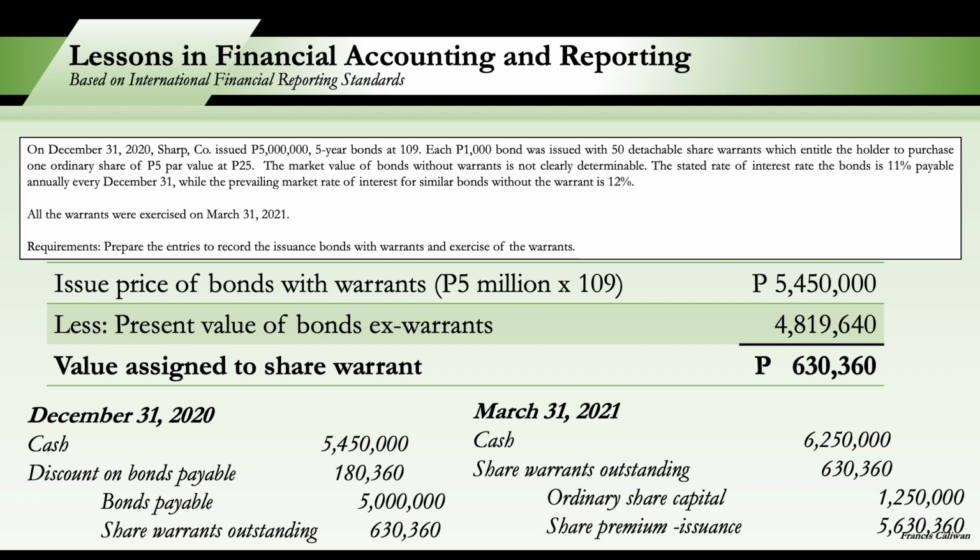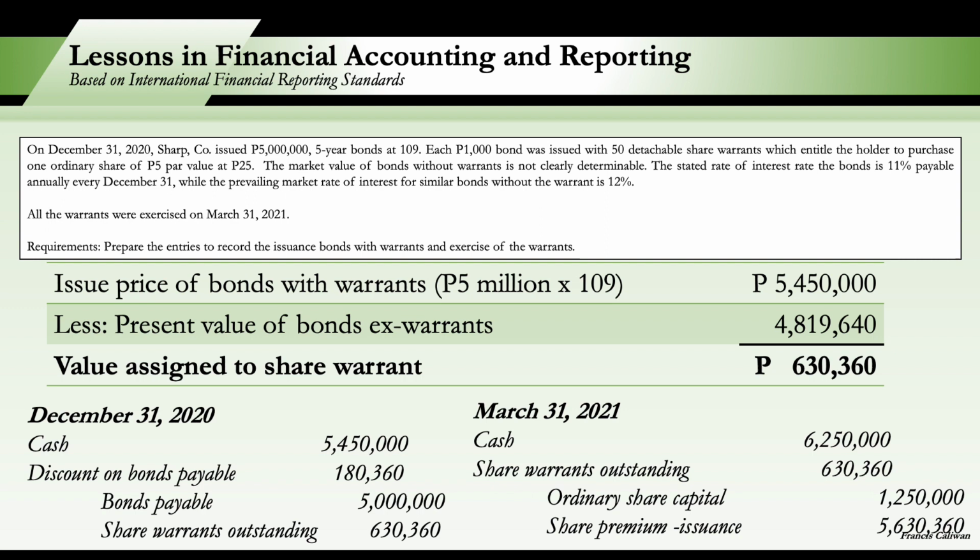Apply nga natin yung ating shortcut para dyan. So how much is our exercise price? It's 25 pesos per share. How about the value of share warrants outstanding per share? So that's 630,360 divided by 250,000 shares. So we have a 2.52144 value of share warrants outstanding per share plus our exercise price of 25 minus our par value of 5.